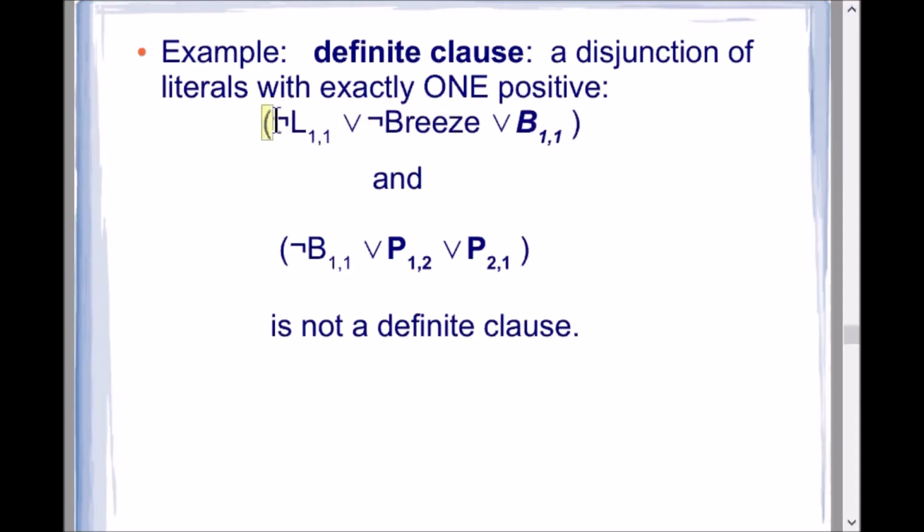You can see there are two negatives, the not L11 and the not breeze, and there's only one positive, the B11. So that's a definite clause. Beneath that is an example of something that's not a definite clause, because there are two positives. A definite clause has one positive. It's a disjunction. You could have 10,000 literals in there, but only one of them can be positive.